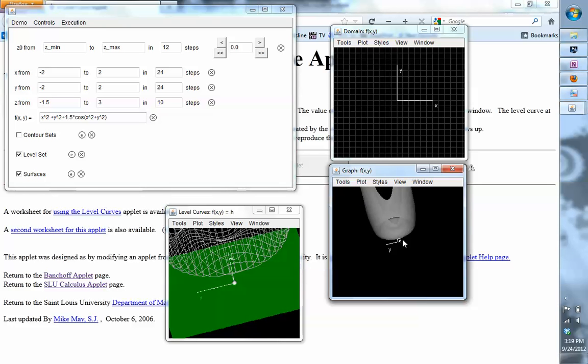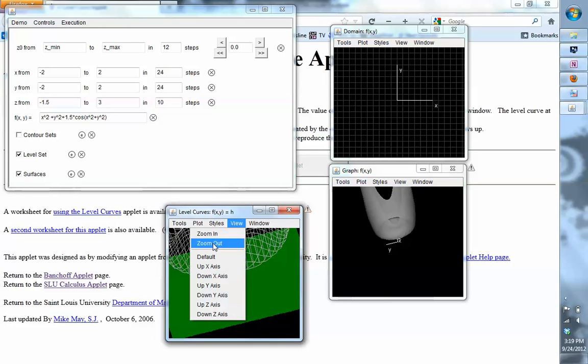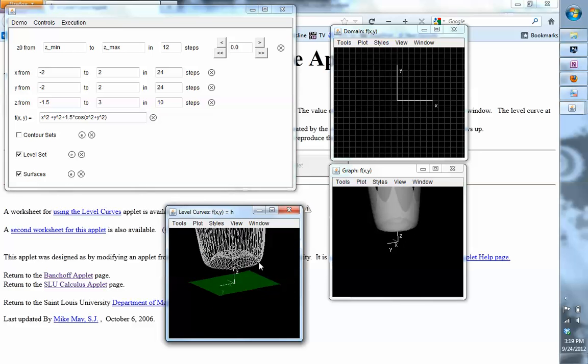All right, so there's the surface. Let me zoom out on this.